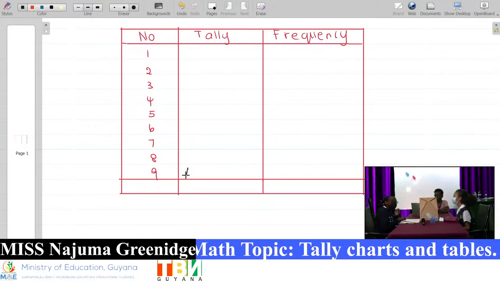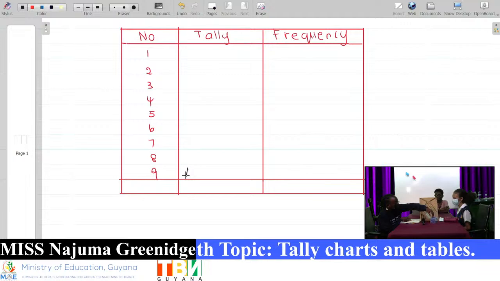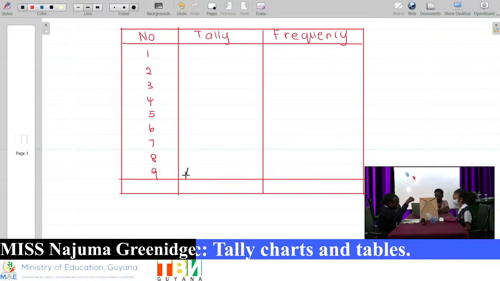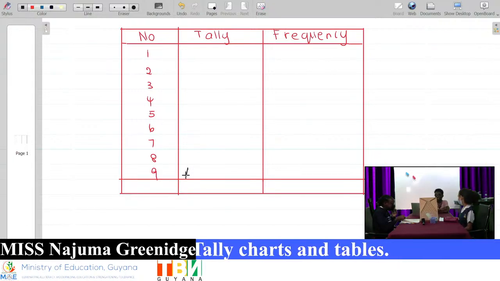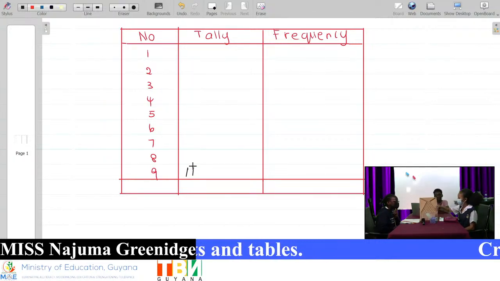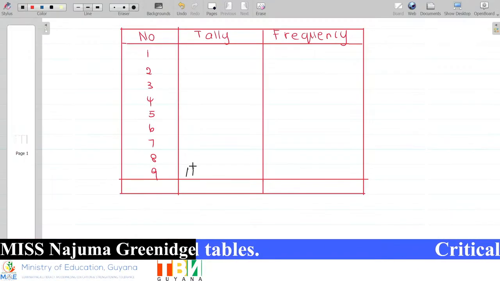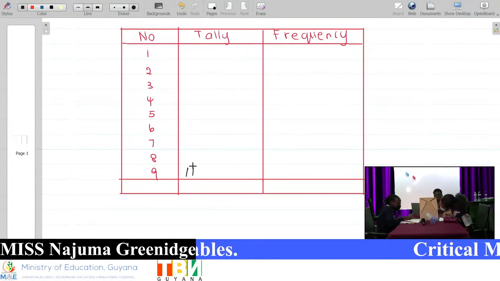Alicia, your turn. You could use right in front here. Where did it land? 9. 9? Okay, so you put another stroke there. Go ahead, Azaria. Where is it? 1.